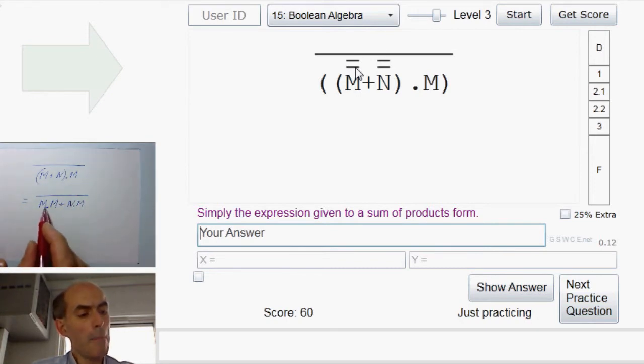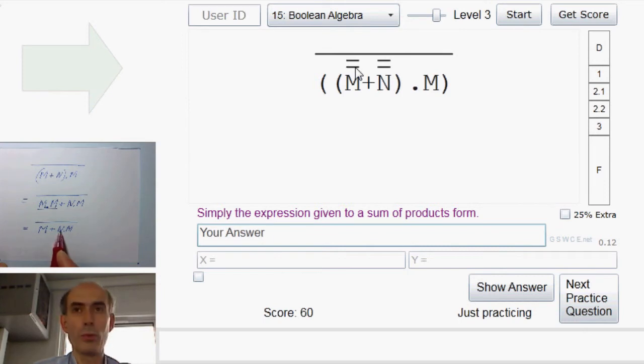Well, m and m is just m. If m is 1, that is 1. If m is 0, that is 0. So that would just be m or n and m. If m is 1, then this term on the bottom here is 1. If m is 0, then this term on the bottom here is going to be 0.